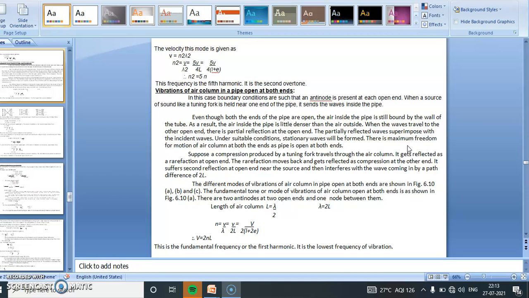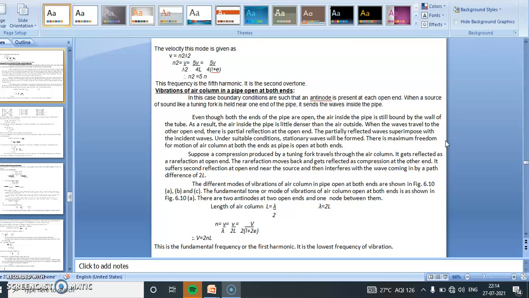There is maximum freedom for motion of air column at both the ends, as the pipe is open at both ends. Suppose a compression produced by a tuning fork travels through the air column, it gets reflected as rarefaction at the open end. The rarefaction moves back and gets reflected as compression at the other end.